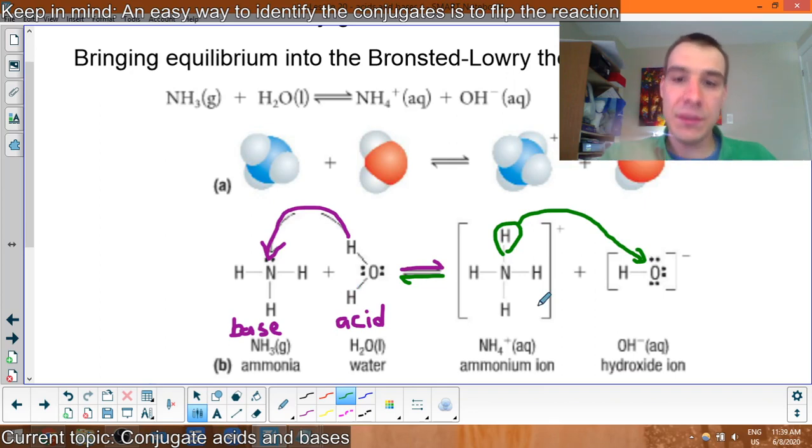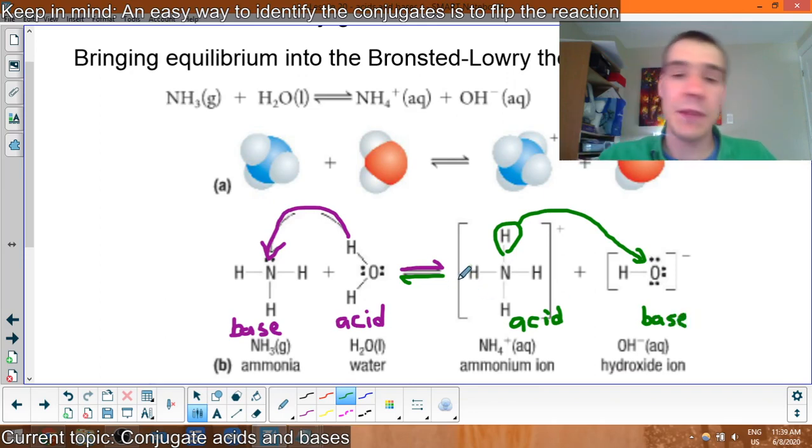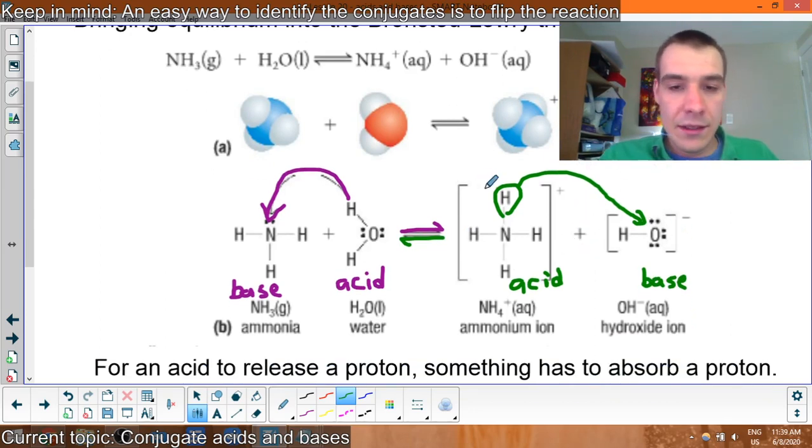So in the reverse process, the ammonium is acting as an acid, and the hydroxide is acting as a base in the reverse process, right? In the green arrow, which is going the other way. This is where we get the concept of conjugate acids and conjugate bases. And as I just showed you, an easy way to identify them is to flip the reaction and see what's happening with the hydrogen.